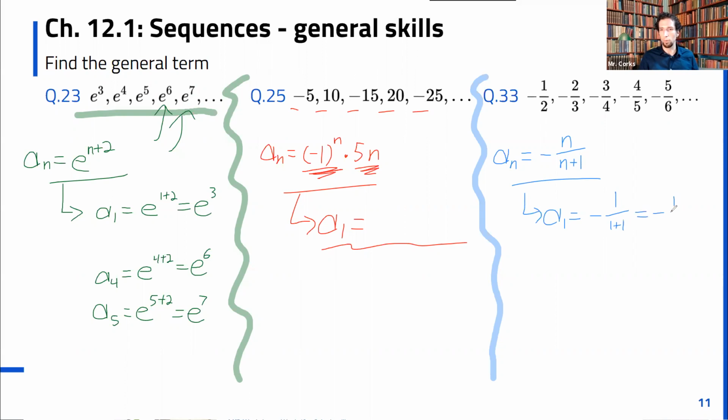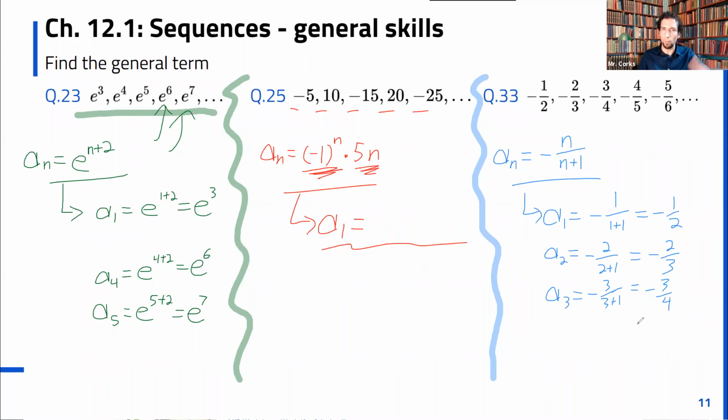So -1 over 2. And for a2, when n is 2, that's -2 on the top, and 2 plus 1, -2 over 3. a3, -3 over 3 plus 1 is -3 over 4.